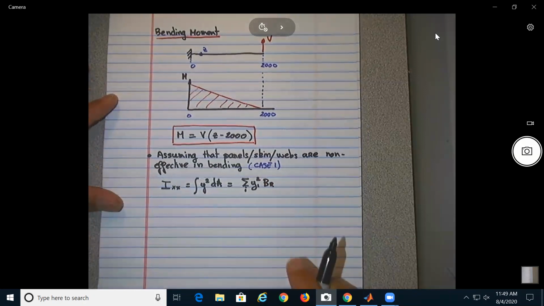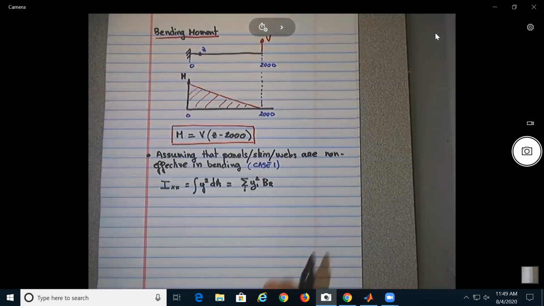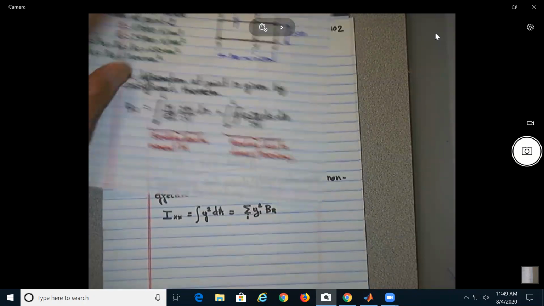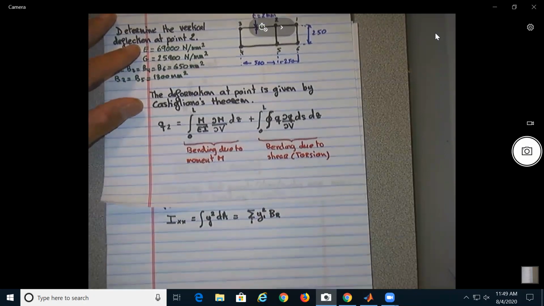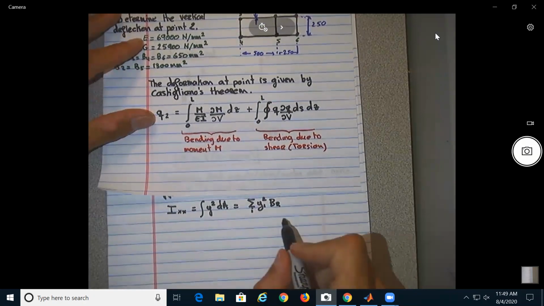Okay, so over here, if we look at our structure on top, so let's just do it over here very quick.